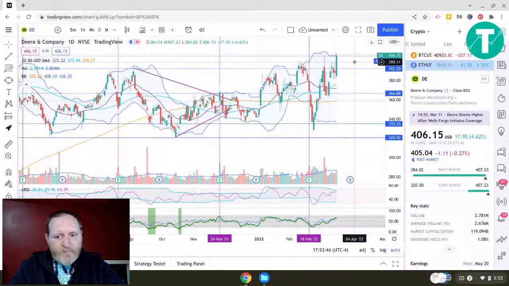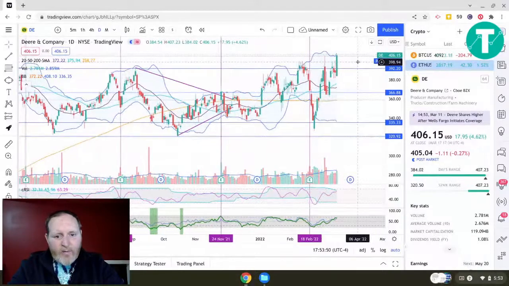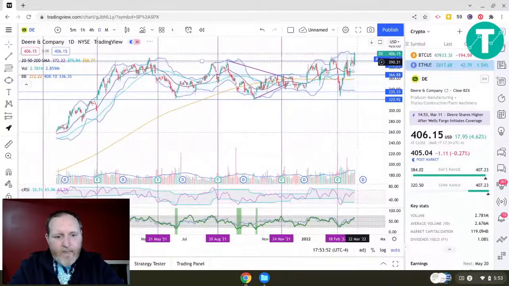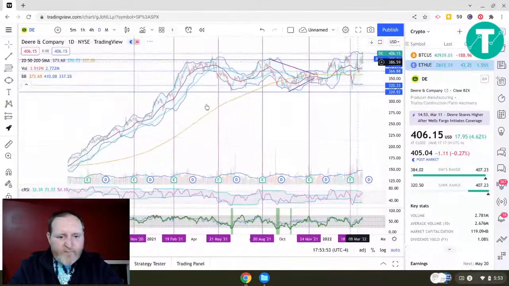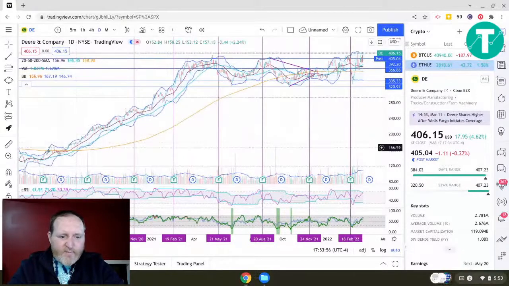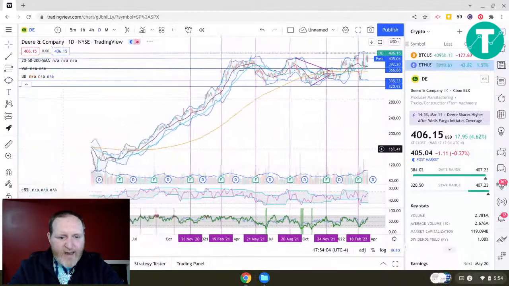It's a good possibility it could do that. Maybe turn $400 into its support area and then break higher and then maybe move sideways for a while, like this extremely huge rally that Deere went through here back in the 2020s before it started to move sideways.